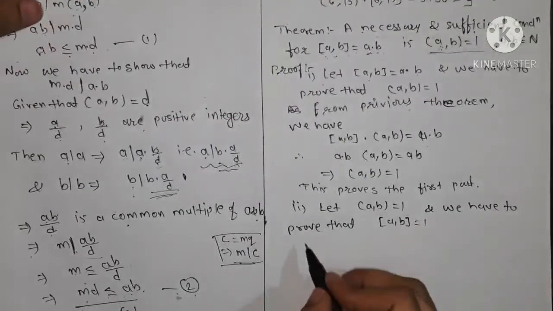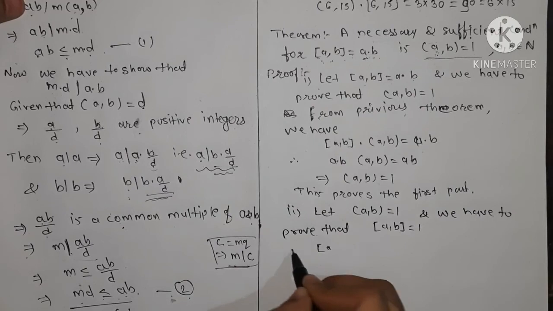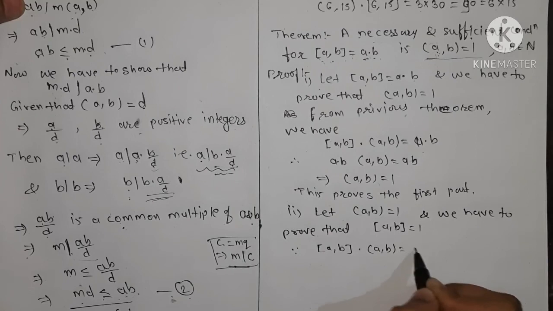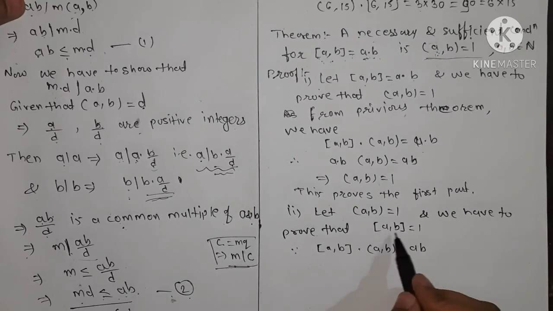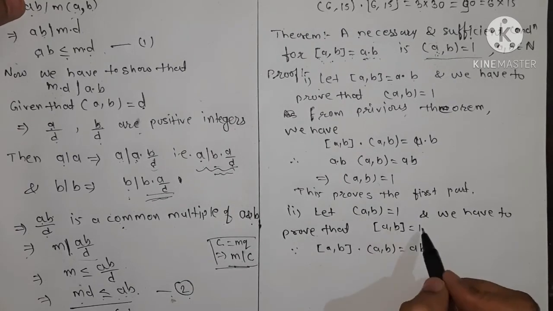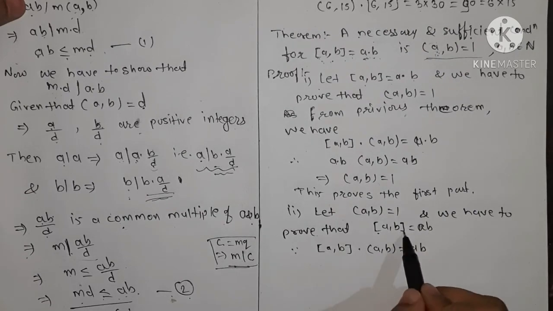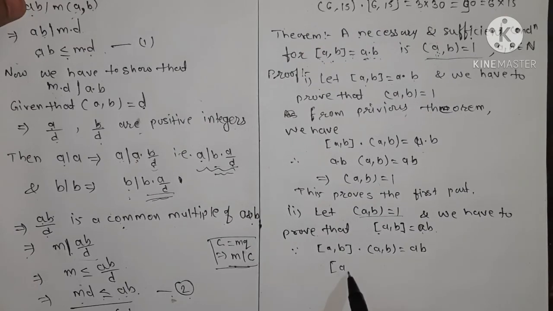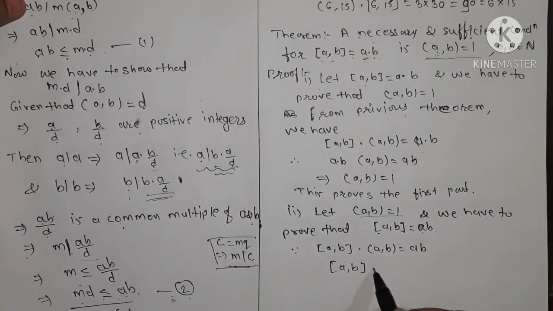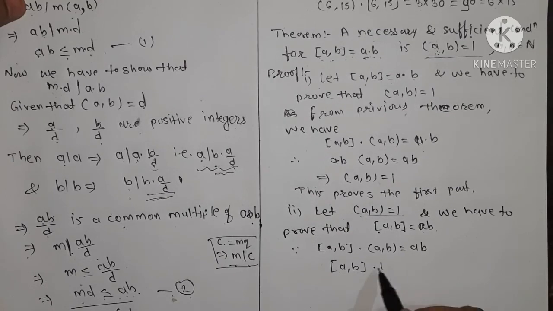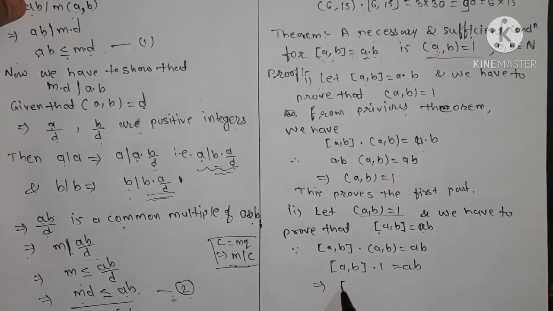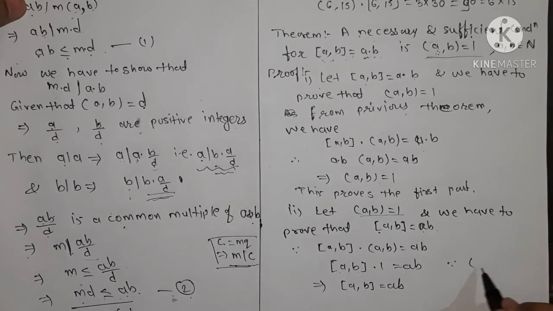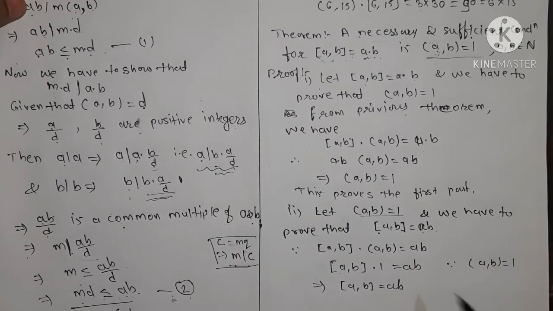So again by the result that LCM into the GCD is equal to the product of integers, and since the GCD is equal to 1, we put this here. So LCM of a comma b into 1 equals ab, which implies LCM is equal to ab, since GCD of a comma b is equal to 1 is given.